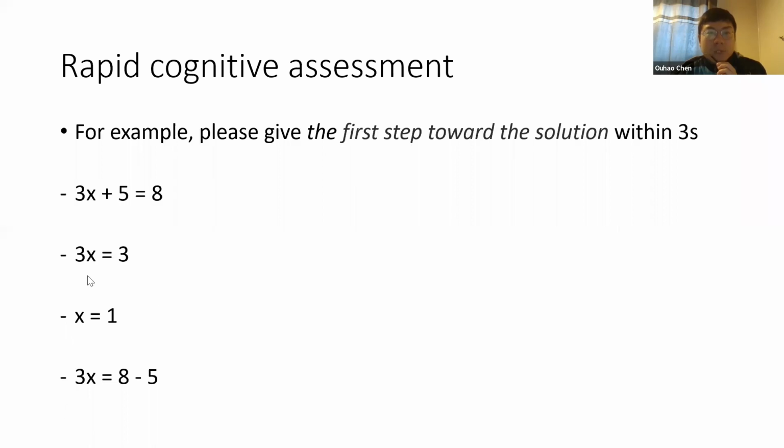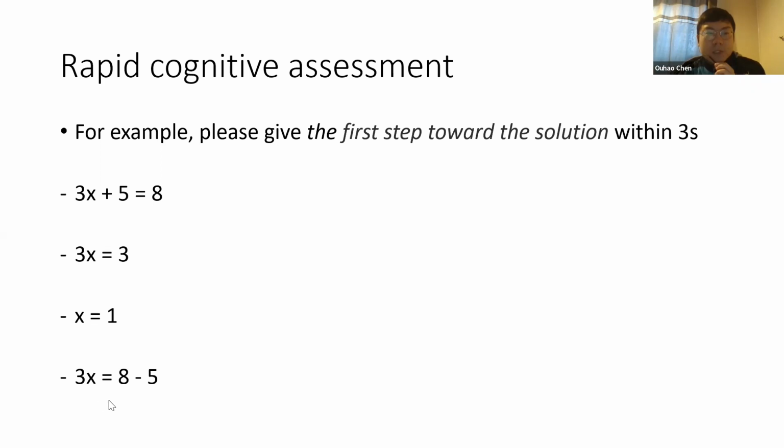When students show the first step as x equals 1, it means the students are experts in solving this equation. When the student gives the first step as 3x equals 3, the student has advanced knowledge.